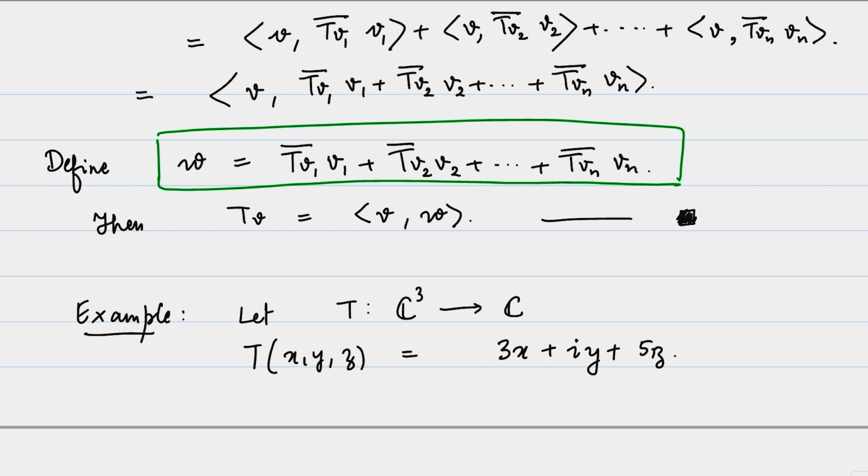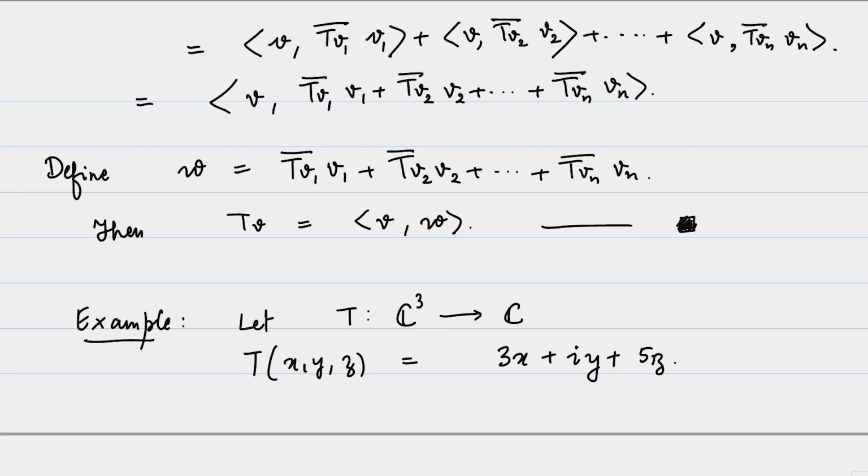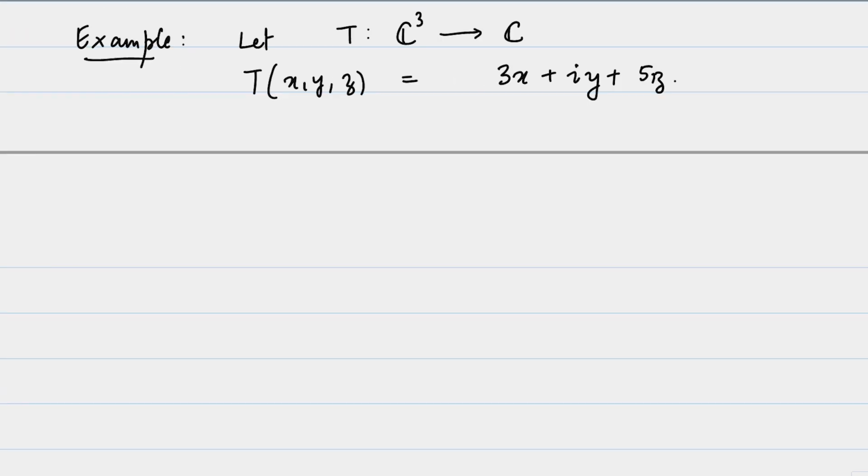In order to do that, we first need to have an orthonormal basis of our given vector space. So C3 has the standard inner product, which is given by the inner product of (Z1, Z2, Z3) and (W1, W2, W3) is Z1 W1 bar plus Z2 W2 bar plus Z3 W3 bar.